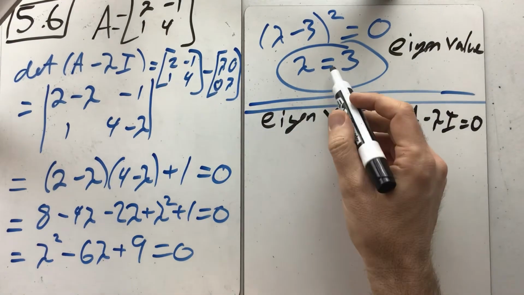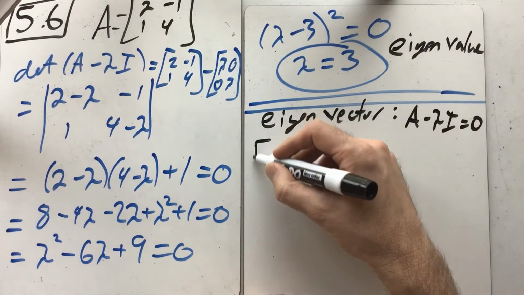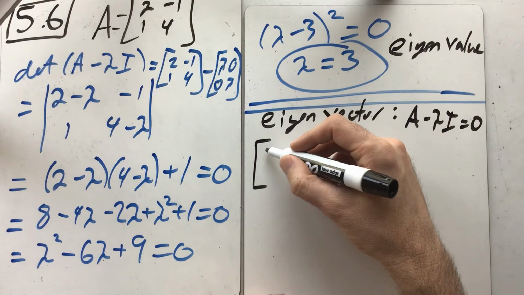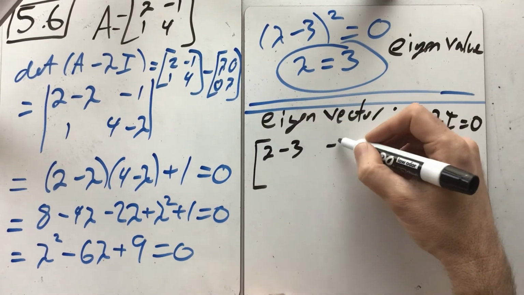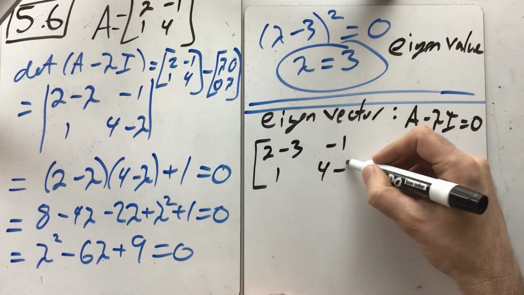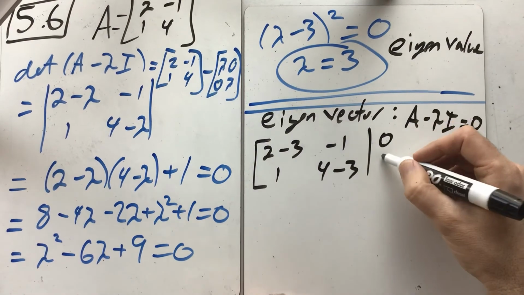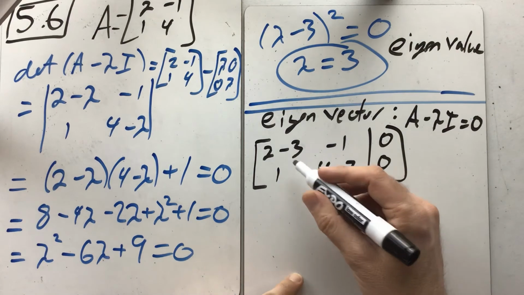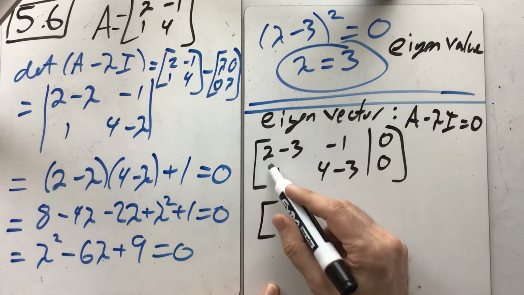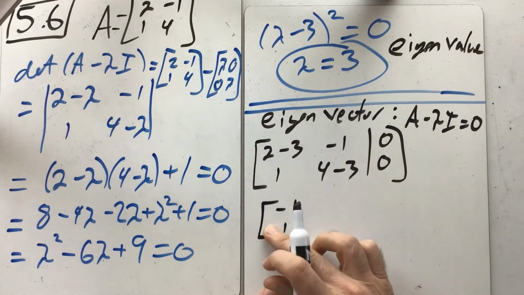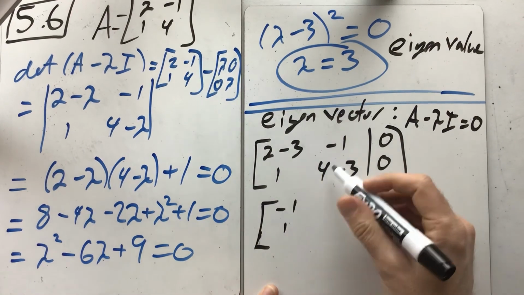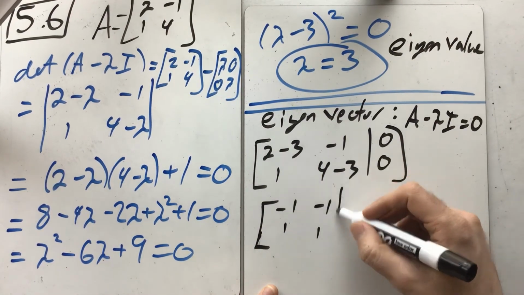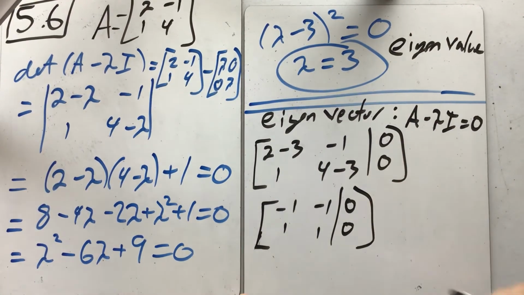So I'm just going to take 3 and put it in each one. And so we'll do 2 minus 3, -1, 1, 4 minus 3, and then we'll just set that equal to 0. So we're just solving A minus lambda I equals 0. This looks like we get the vector -1, 1, and then down over here, -1, 1. Okay, well, good, that worked. And we've got 0, 0.